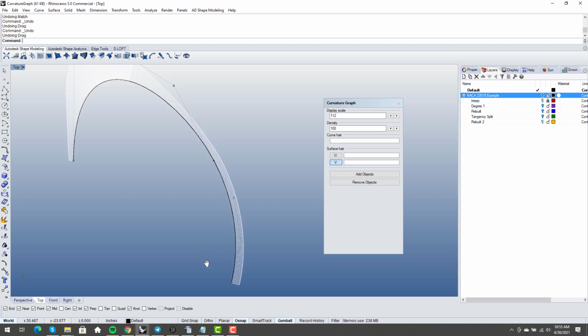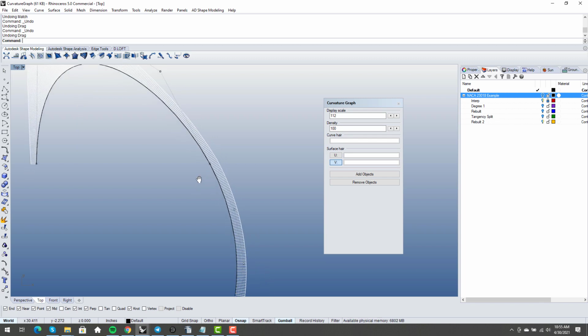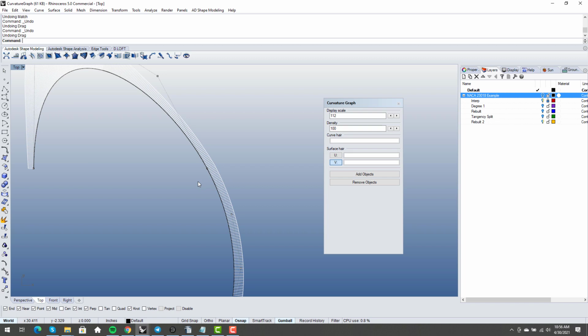But what's really cool is that you can really easily visually see if things are flow continuous or close to it. You can think of matching too as a little bit of a tolerance, not an absolute. And if something is very close to flow, it's going to be indistinguishable from it being one single thing.